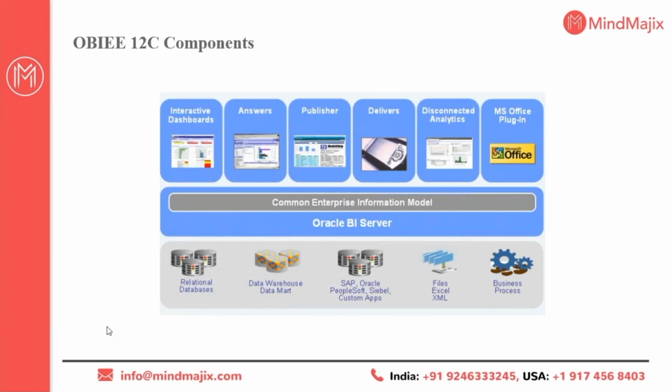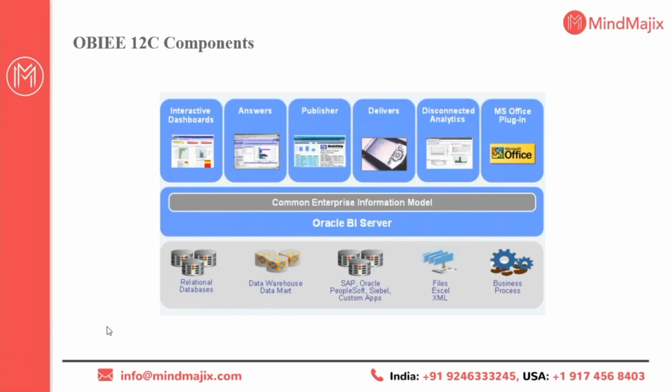These are mostly used for pixel perfect printable ready reporting, and OBIEE has made integration with this application possible so that users can make use of this application within OBIEE itself, and so that they do not have to necessarily go to BI Publisher separately at all.